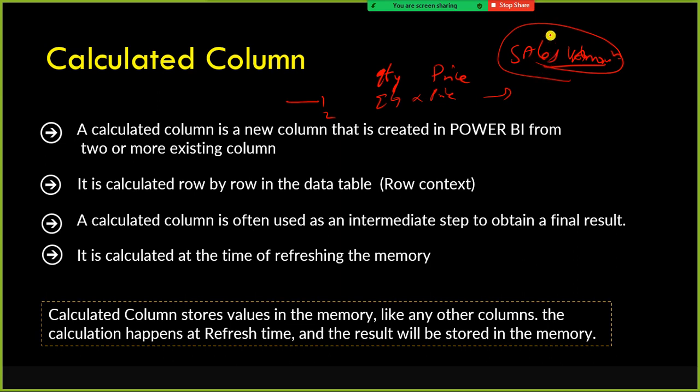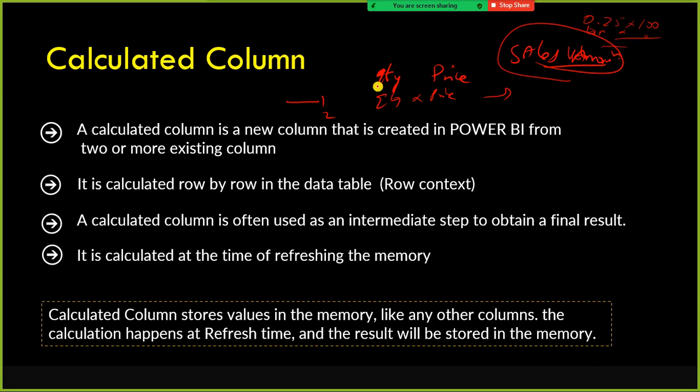What we do is we create the calculated column based on the existing columns. Not necessarily existing columns, you can also base it on some formulas. For example, if you want to find out discount in terms of percentage: if the discount is in terms of a decimal value, discount into 100 gives you the percentage.